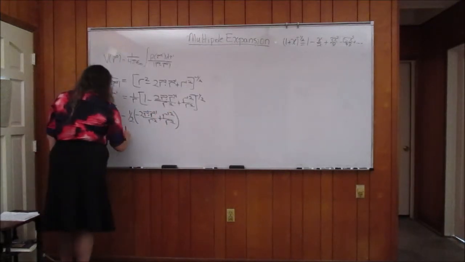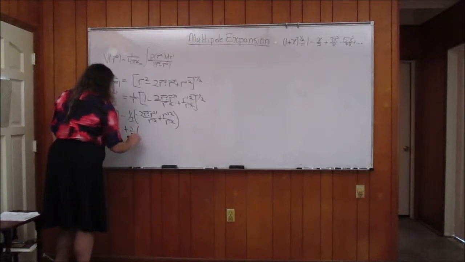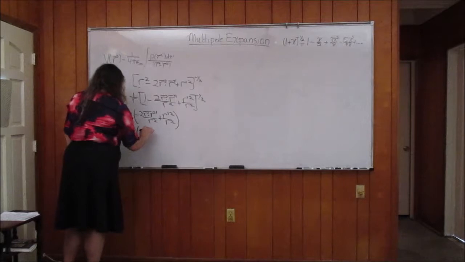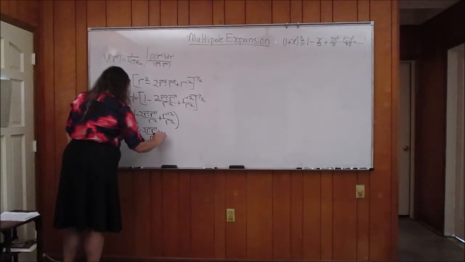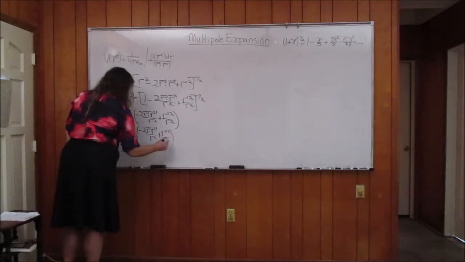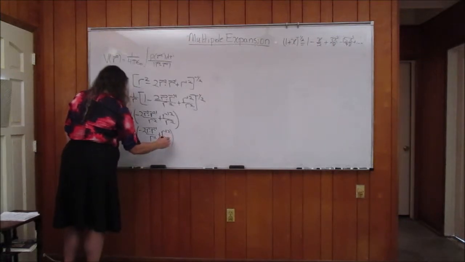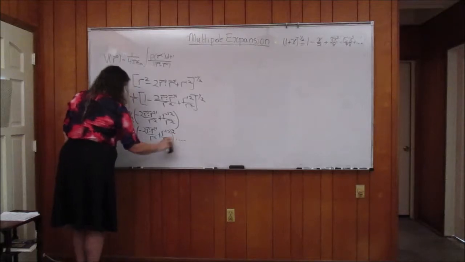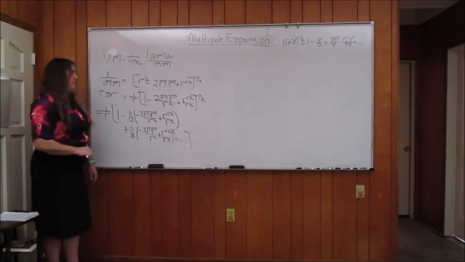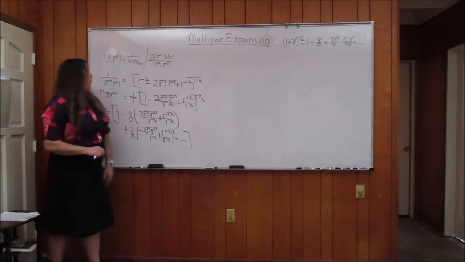And then the third term in the expansion has a factor of 3/8 out front, times the same quantity in parentheses, only squared, and so forth.